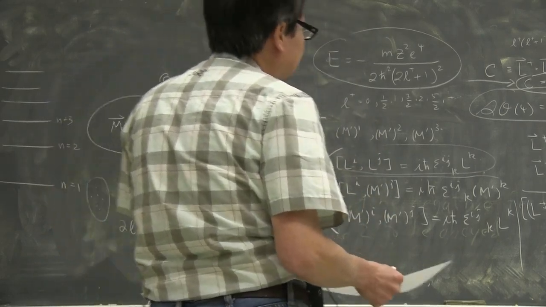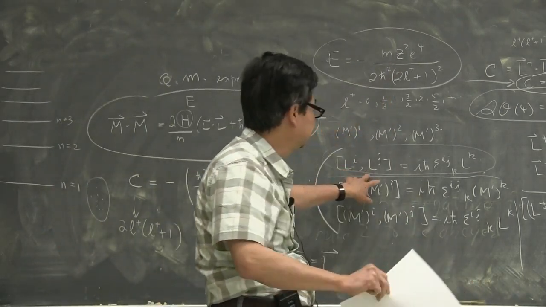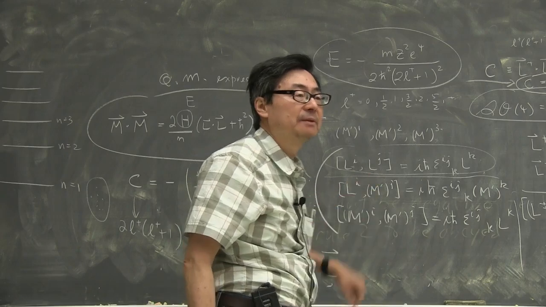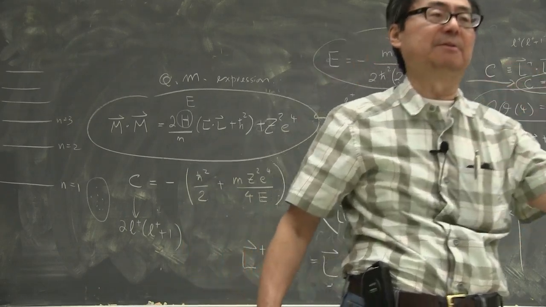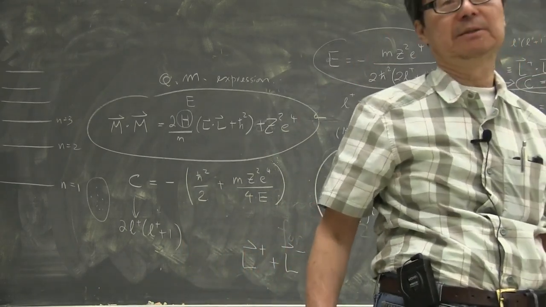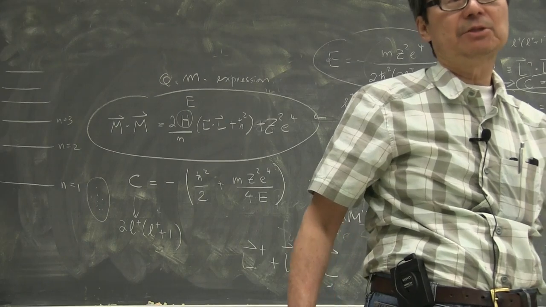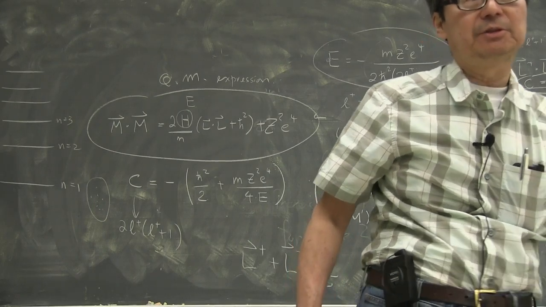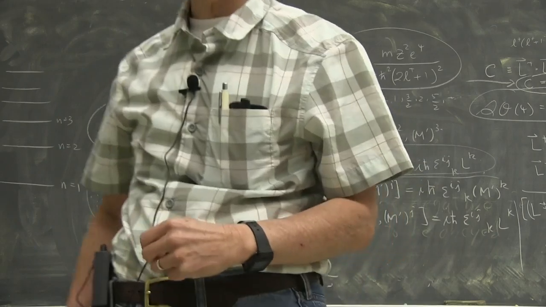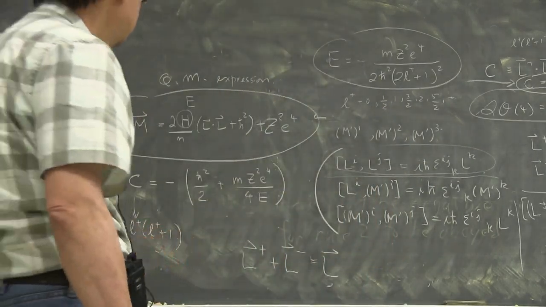Now L in quantum mechanics, the one which appears here, represents the orbital angular momentum. As an operator, it involves differential operators and so on acting on wave functions.